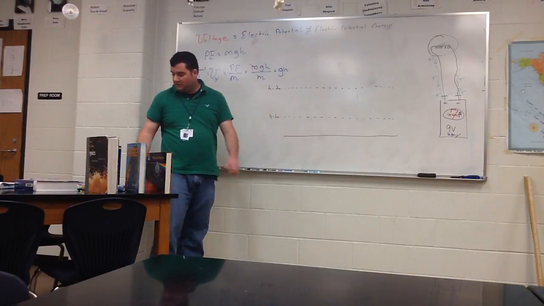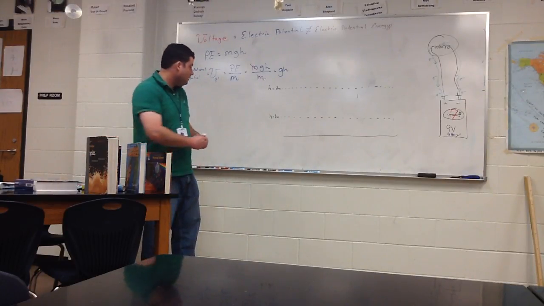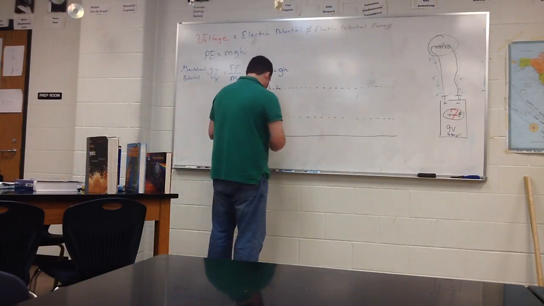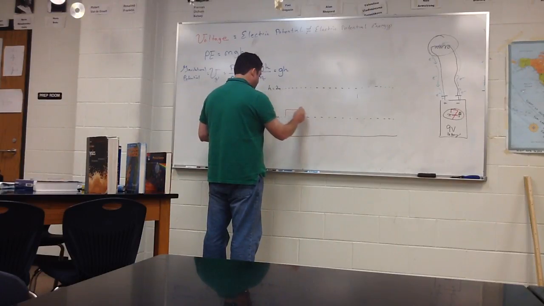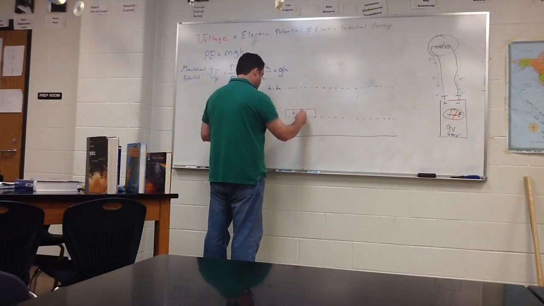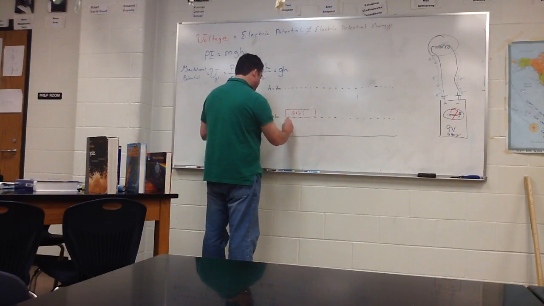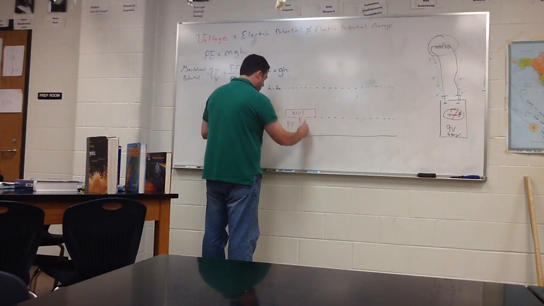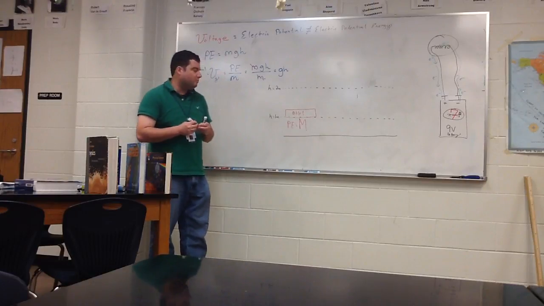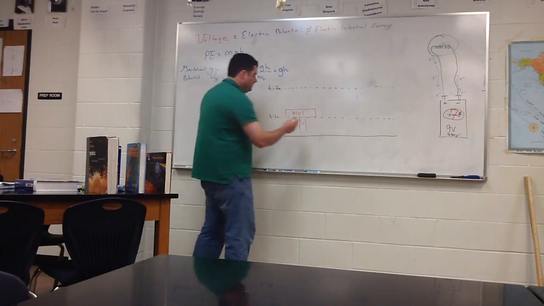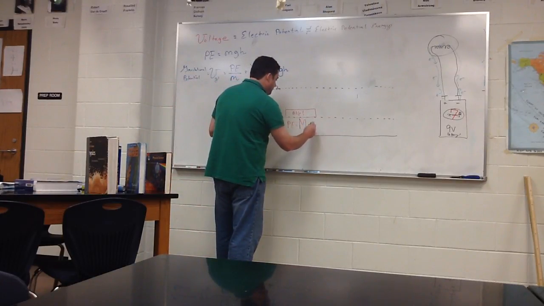So let's take a look. My big textbook is going to have a potential energy that equals its big mass times 9.8 times the height.